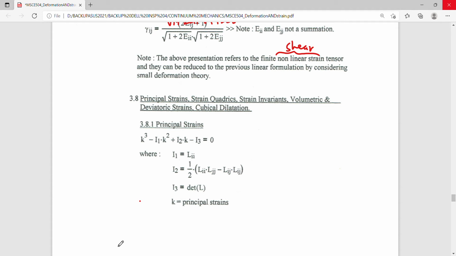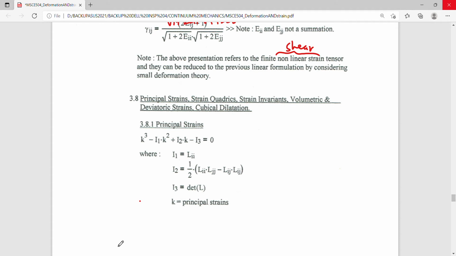Okay, guys, let's continue again on the principal strain, strain quadric invariants, volumetric and deviatoric strains, cubical dilatation principles. So the principles of all of these concepts, as introduced on the analysis of stress, are actually the same.